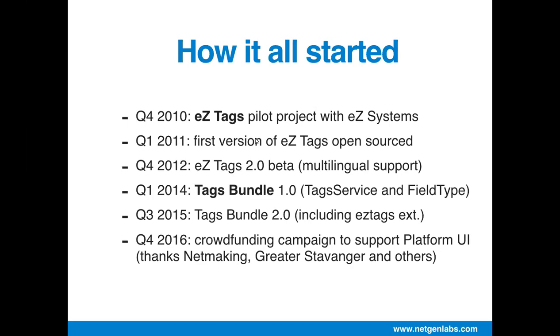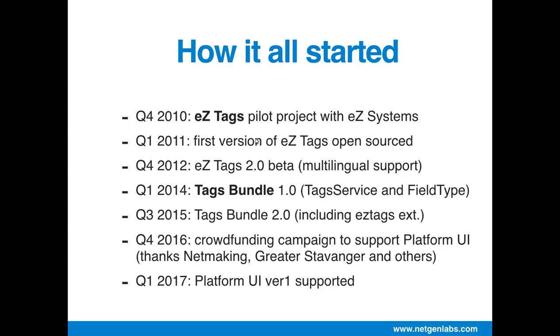So we decided to launch a crowdfunding campaign to support the platform UI, and we gathered some funds for it. The main contributors were Netmaking and Greater Stavanger from Norway, and roughly a dozen others. And in Q1 2017, we released this support for the platform UI, version 1. And that's roughly, quickly, the history.